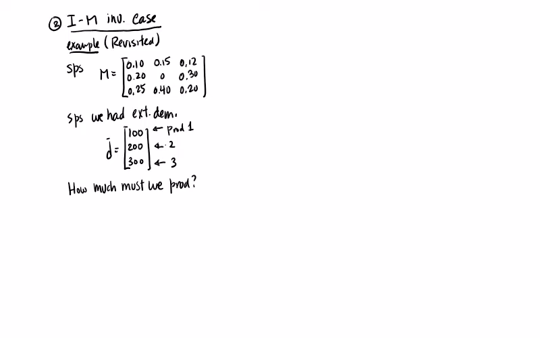Well, the answer according to the formula is P is I minus M inverse D. So remember how this works. I won't rewrite every single gory detail, but we fill in the identity matrix, subtract M, I won't recopy M, it's the one above, take the inverse, this is invertible it turns out, and multiply by our D.